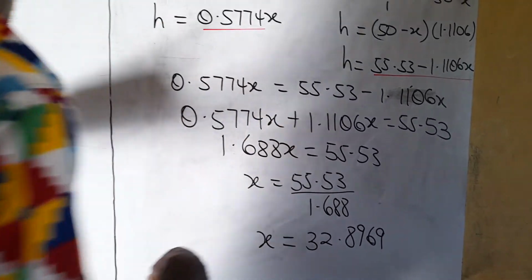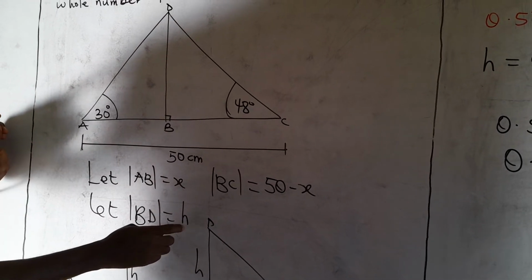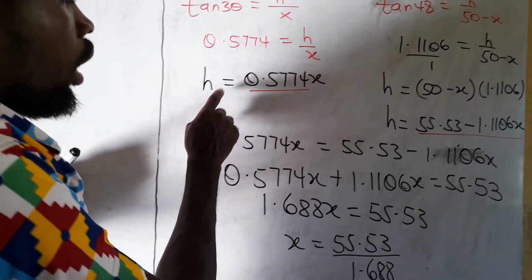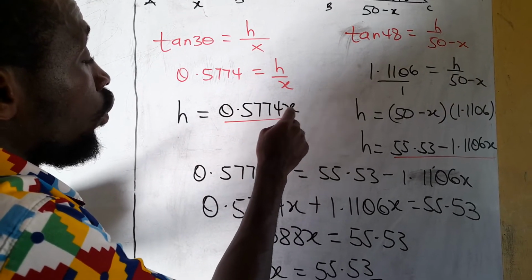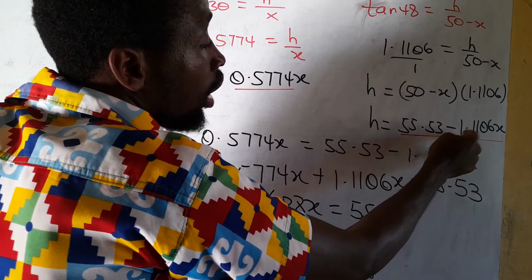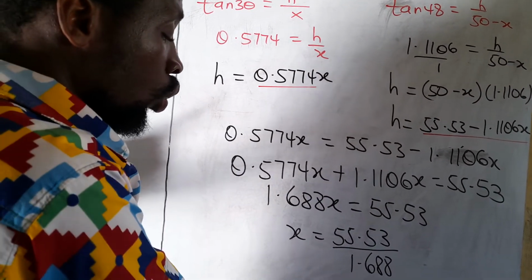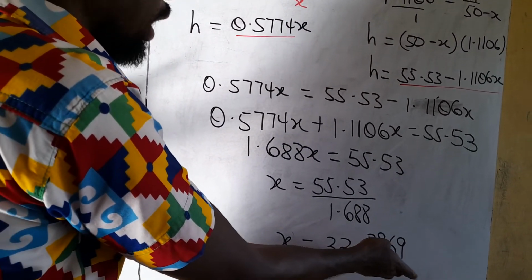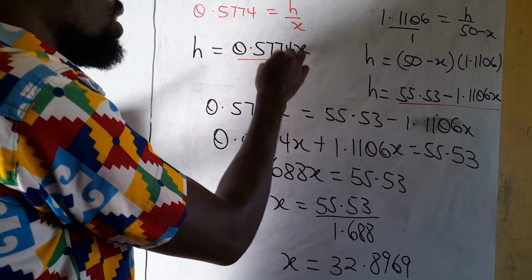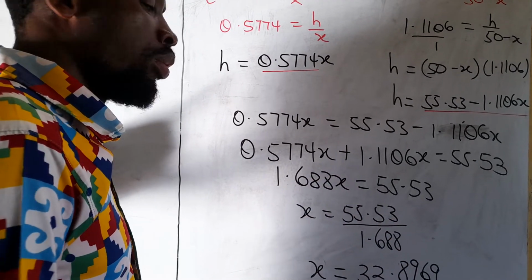So we need the H. Remember, we need BD, and BD is the H. And also, the H is 0.5774 of the X, or the H is 55.53 minus 1.1106x. So this is an easier equation. We just substitute the 32.8969 in place of x to multiply the 0.5774. Then we find our h, and that becomes the BD.